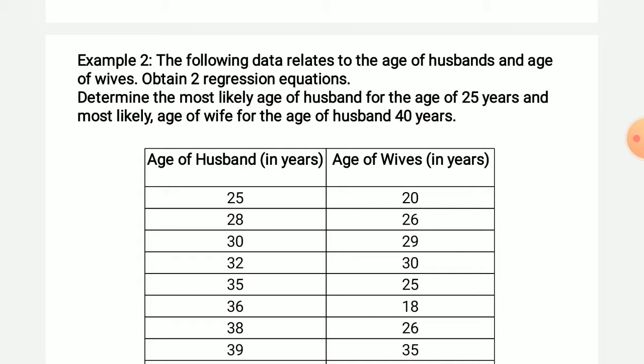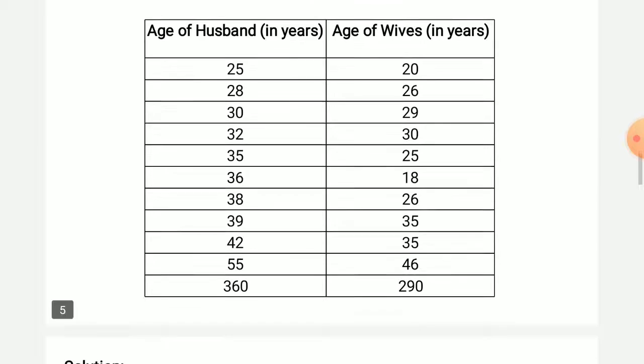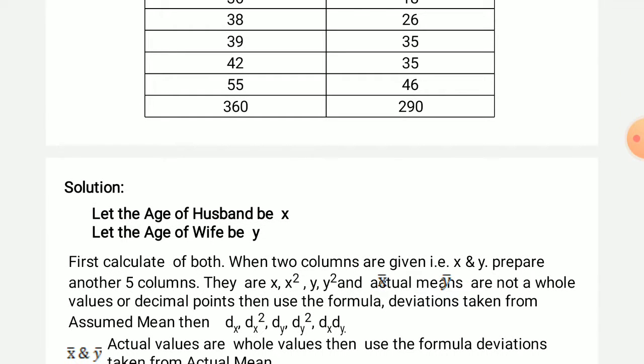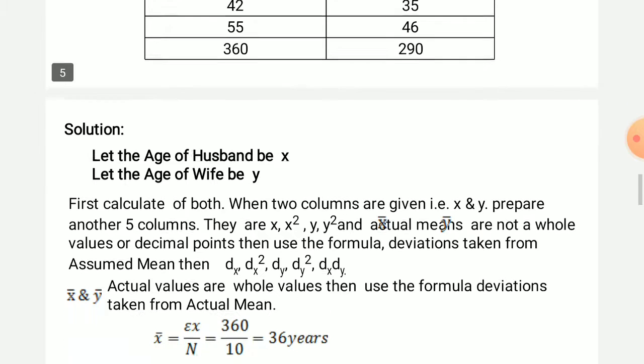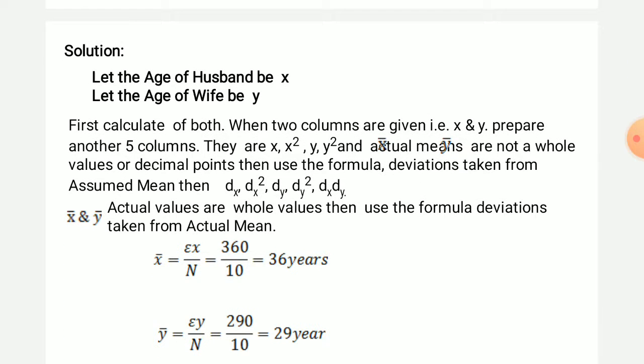So we can predict the value of x when y is given, and we can also predict the value of y when x is given. Now let the age of husband be x, and the age of wife be y. First we have to calculate both regression equations, x on y and y on x.